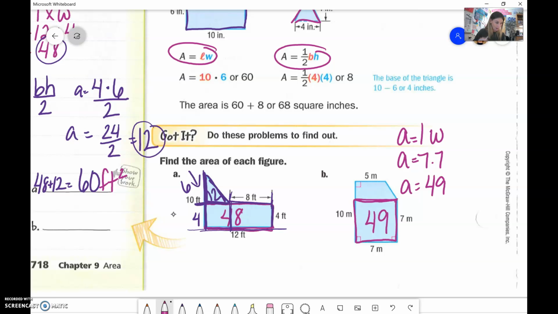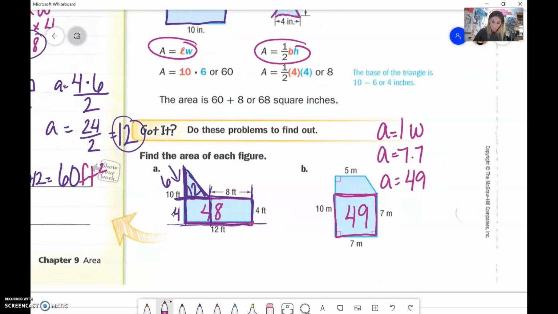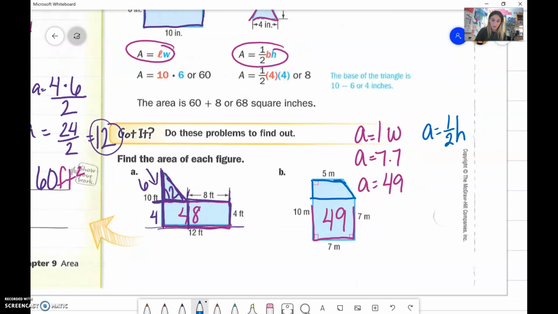Now we're going to do the trapezoid. Now remember that the trapezoid, and I'm going to change my colors here just so I can see it in blue. Okay, now my formula for the area of a trapezoid is 1/2 height times base 1 plus base 2.